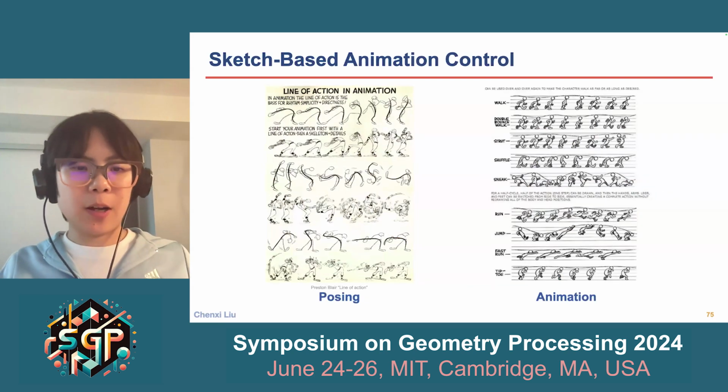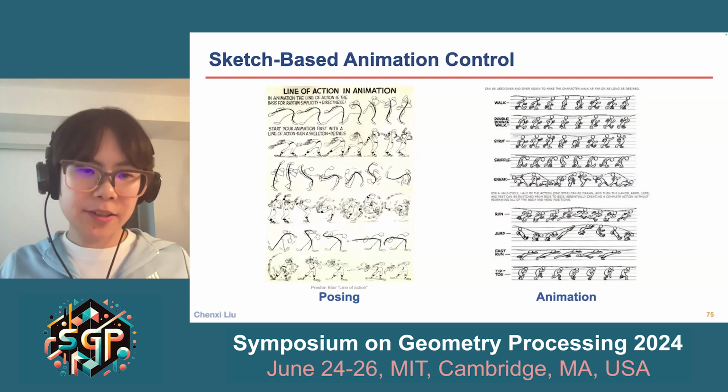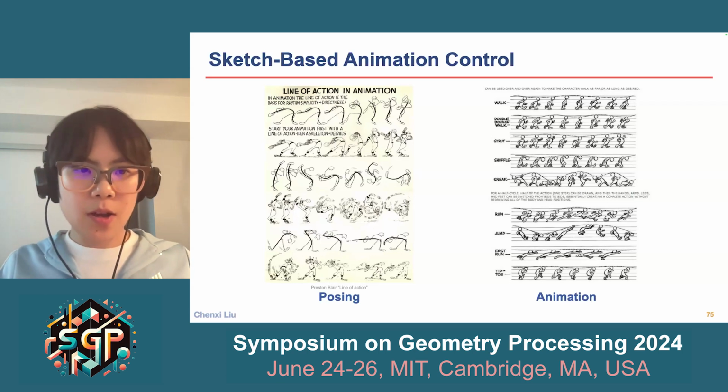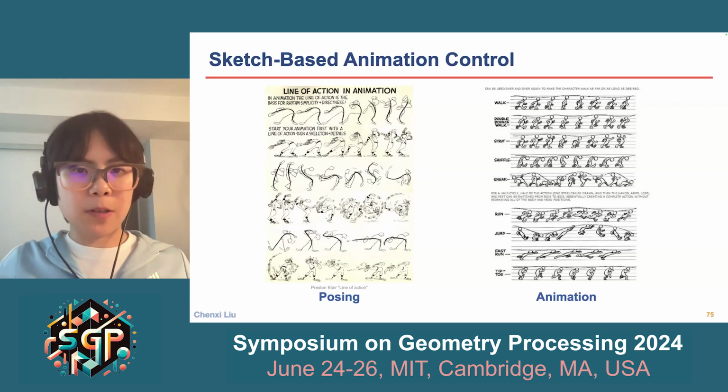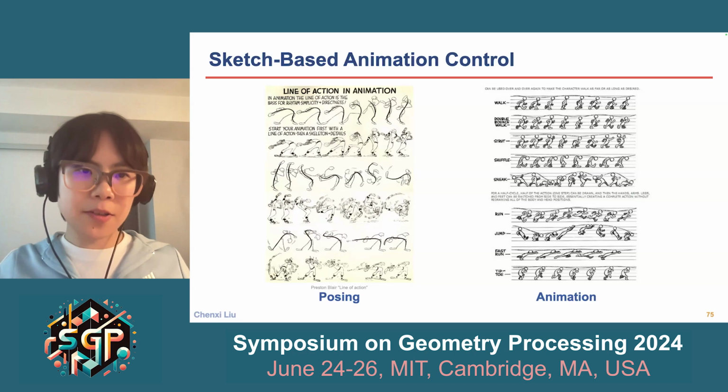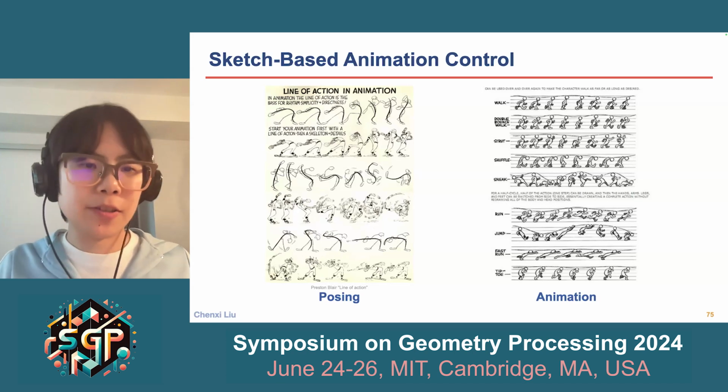Sketching, especially what's called line of action, is a common practice for traditional animation on paper. Here are two pages from a traditional tutorial for animators. We can see there are some lines representing the gesture of the characters. Those are called the lines of action.